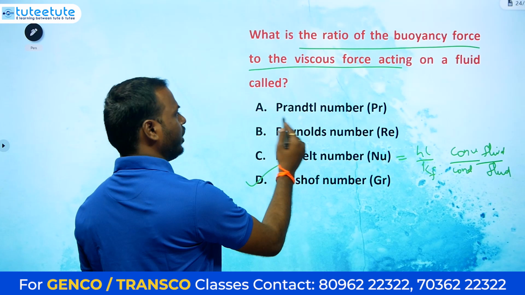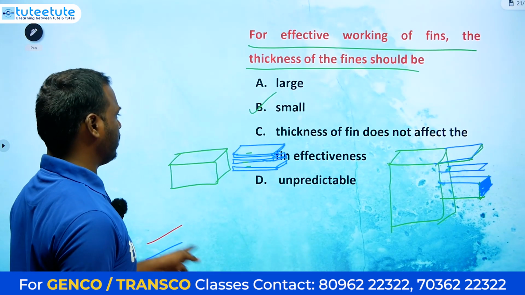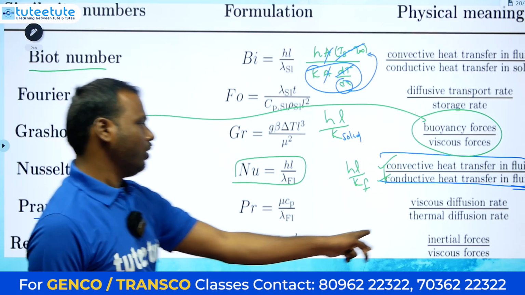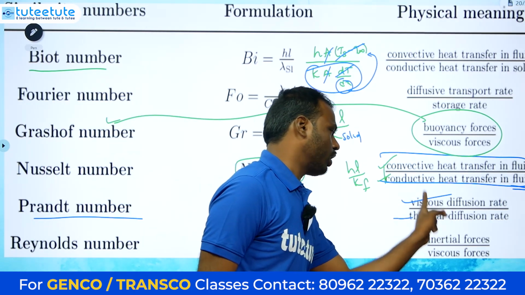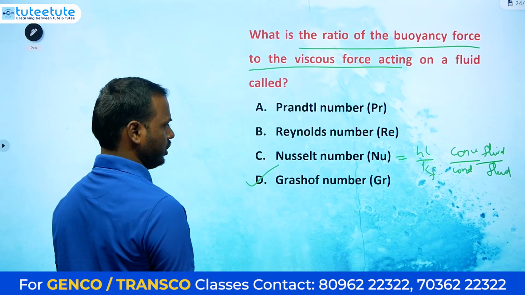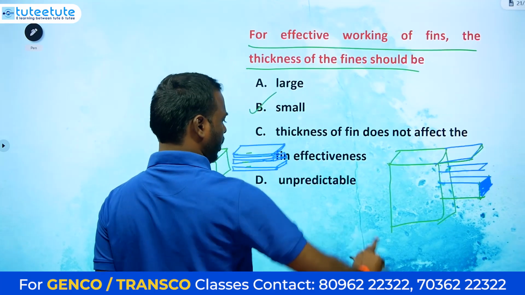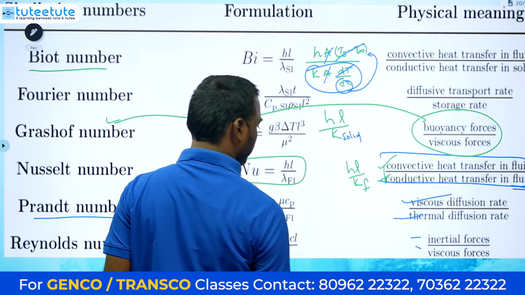Prandtl number is nothing but the viscous diffusion rate to the thermal diffusion, viscous force to the thermal diffusivity, alpha, that is what we generally write. Reynolds number is nothing but inertia force to the viscous force.